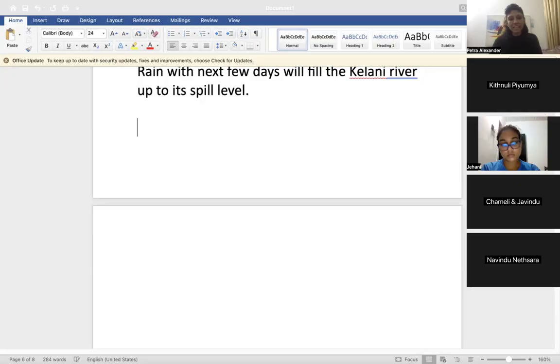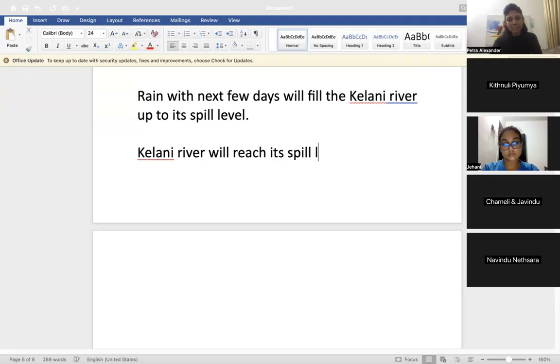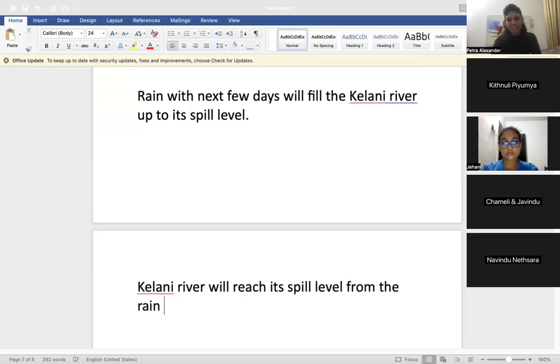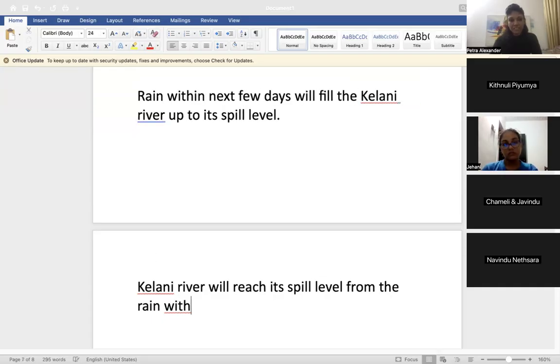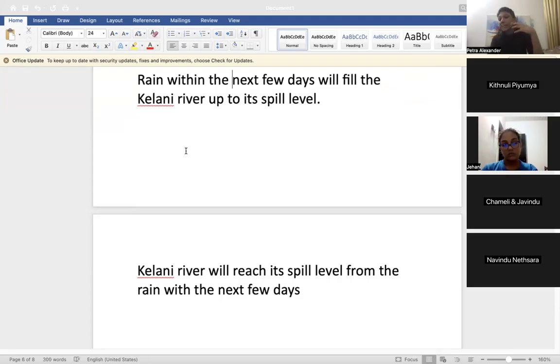Or else you can say Kalani River will reach its spill level from the rain within the next few days, right? So that's a prediction. So we use will. Right? Okay, good.